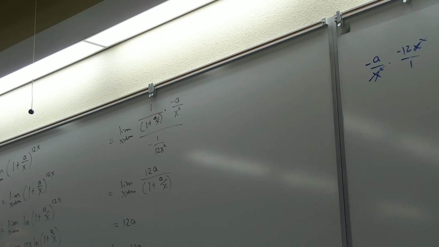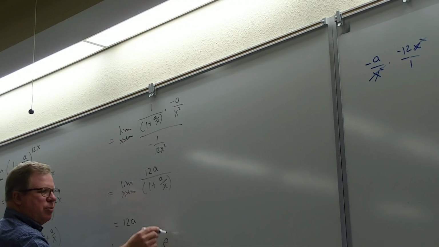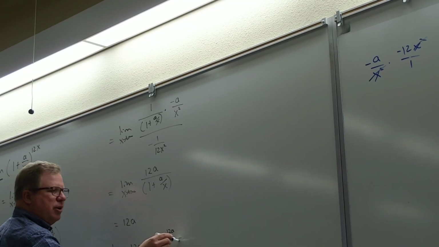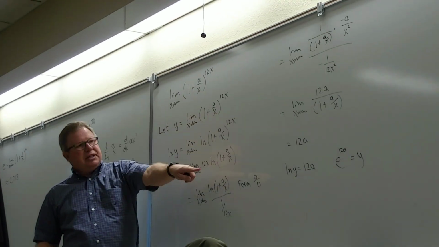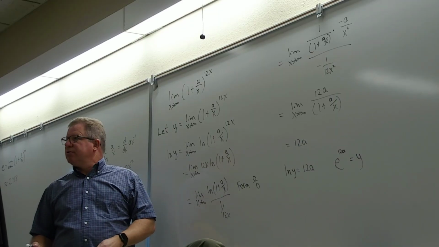The limit that we originally needed is y, so we need to solve that for y. The base for natural log is e, so this means that e raised to the 12a power equals y. So that means this limit is equal to e to the 12a.